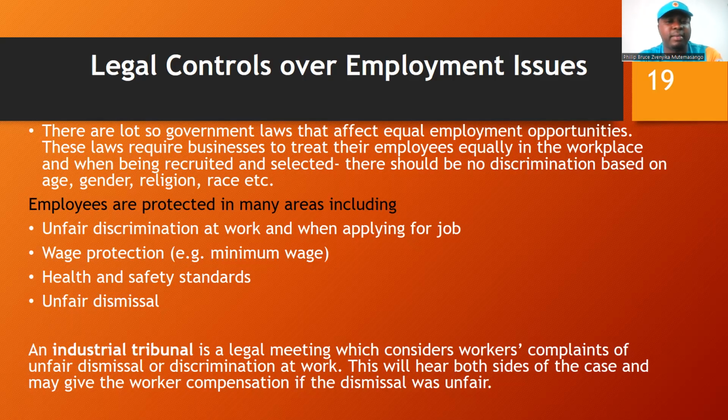So employees are protected in many areas, which includes unfair discrimination at work and also when applying for a job. Wage protection: the government sets the minimum wage almost every year. So employers are supposed to pay the employees accordingly, not anything below that amount, or it becomes illegal.